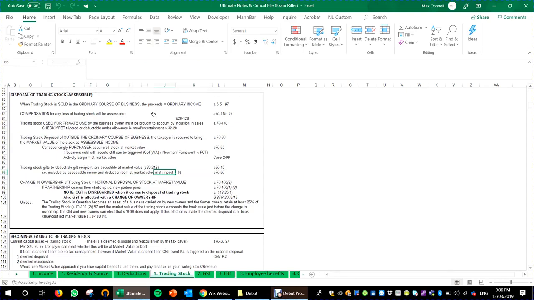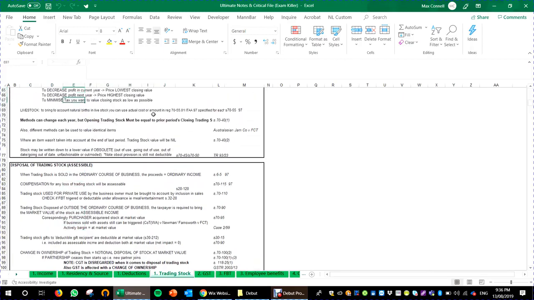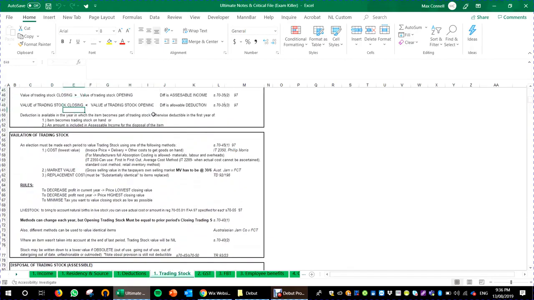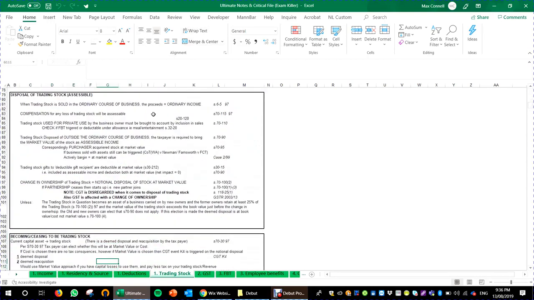So there's no tax implication for that, basically. However, at the end of the year, you'll get a deduction for the stock usage, where the value of trading stock is less than the value of the opening. So it actually ends up being positive at the end of the year. You actually get a benefit from doing that.